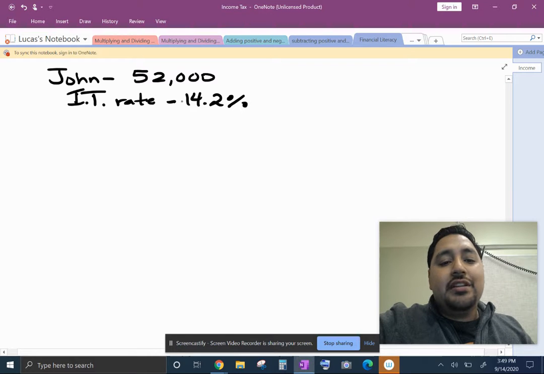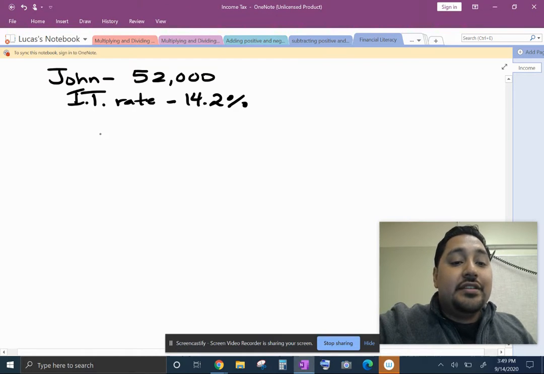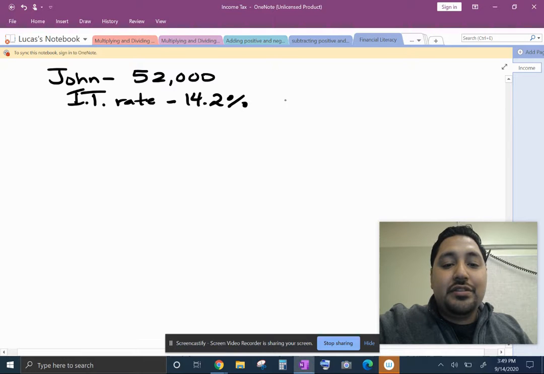So when we're looking at this, it's reasonable to say that it should be about 1/10 of the amount here, which would be close to 52, a little bit more, so probably around $5,800, but we'll see.